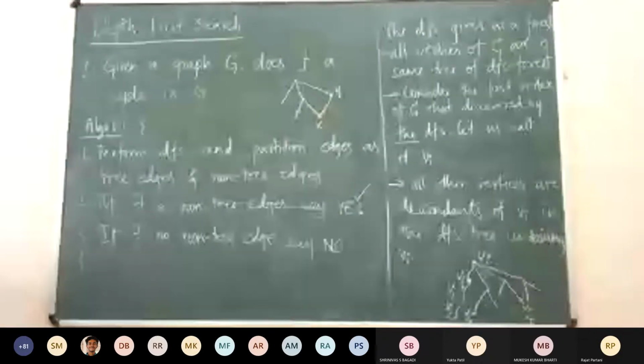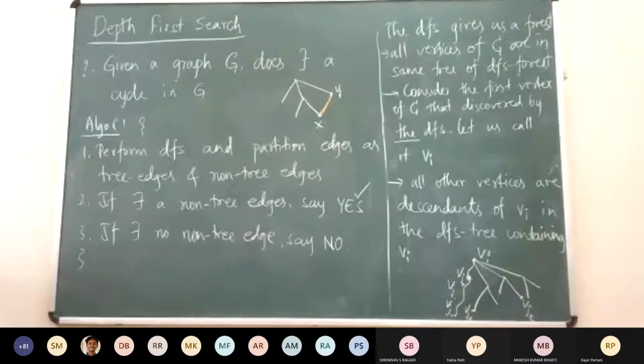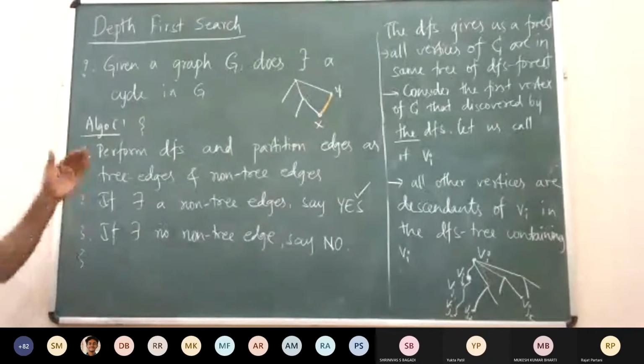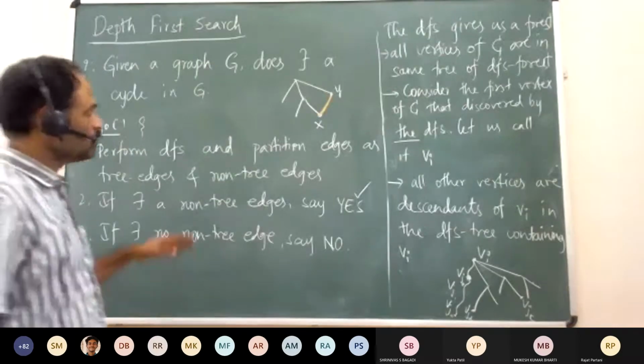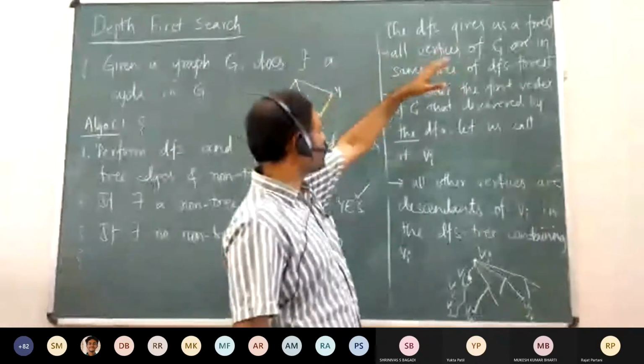Now suppose there exists no non-tree edge. Then we are saying that there does not exist a cycle in the graph. To prove this, we try to prove the contrapositive: suppose there existed a cycle in the graph, there will always exist a non-tree edge. We observed some properties. Suppose the DFS gives us a DFS forest.